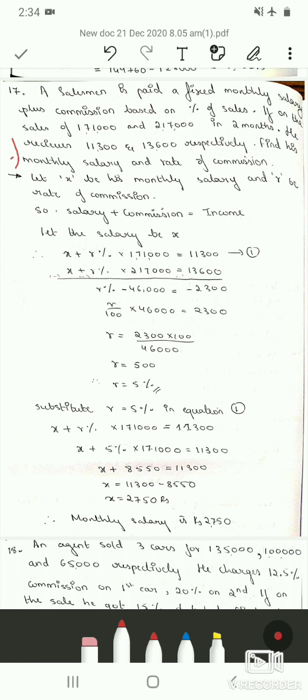So all the information we have is, on sales of rupees 1,71,000 and 2,17,000, an agent receives 11,300 and 13,600 rupees. With this we have to find out his salary and rate of commission.